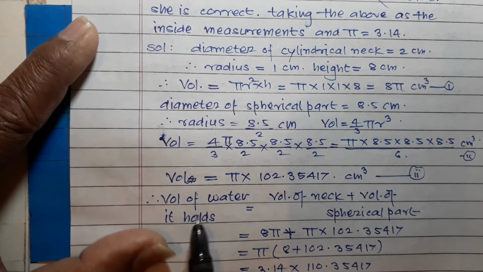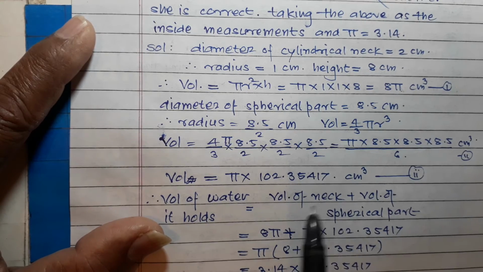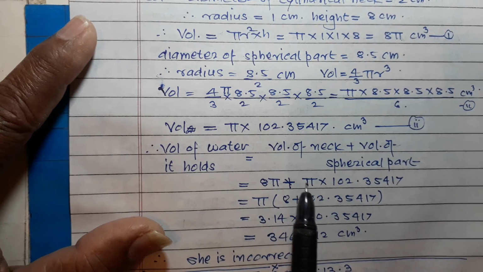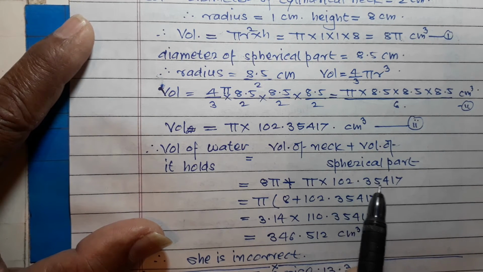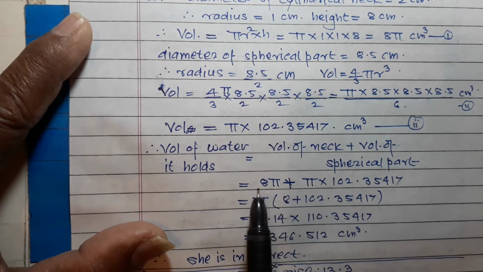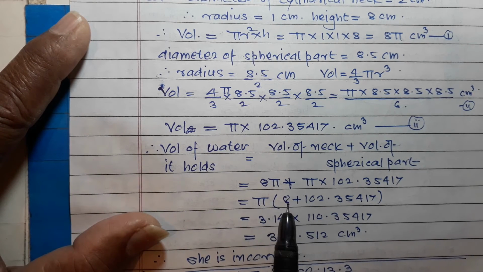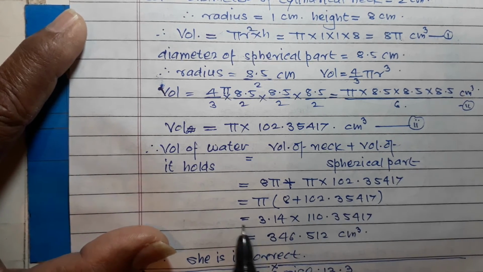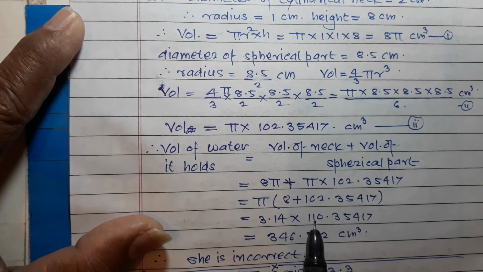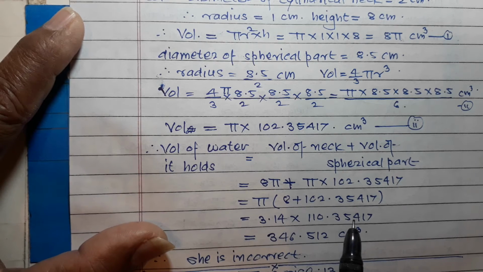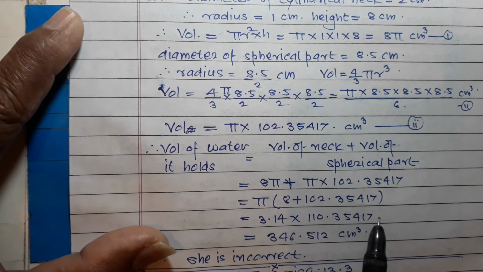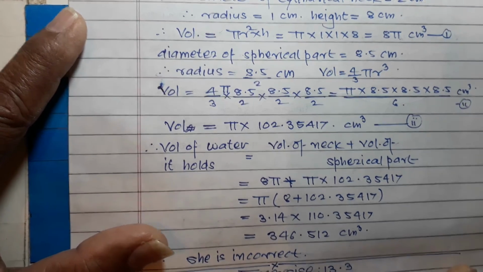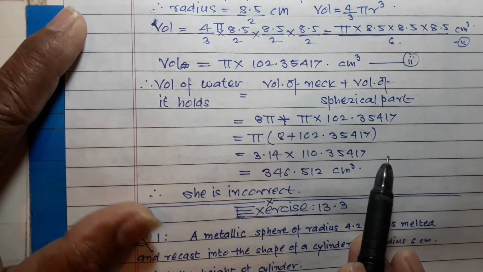Then volume of water it holds is equal to volume of neck plus volume of spherical part, is equal to 8 pi plus pi into 102.35417. In this case you take pi common into bracket 8 plus 102.35417, add this, is equal to 3.14 into 110.35417, so is equal to 345.512 cm cube.